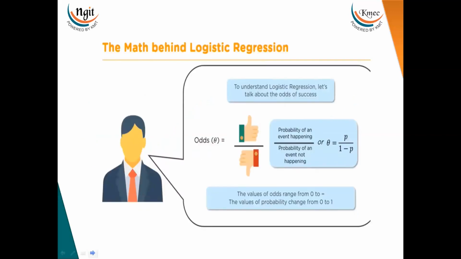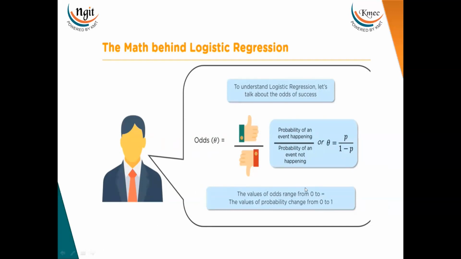Whenever I apply logistic regression, we have to find the odds of success. In linear regression, I just depend on the probability value, but in logistic regression we have to find the odds value. So what are the odds of success? We have to find the probability of the event happening relative to the probability of the event not happening. So odds, theta, equals p divided by 1 minus p, where p is the probability of the event happening, divided by the probability of the event not happening.